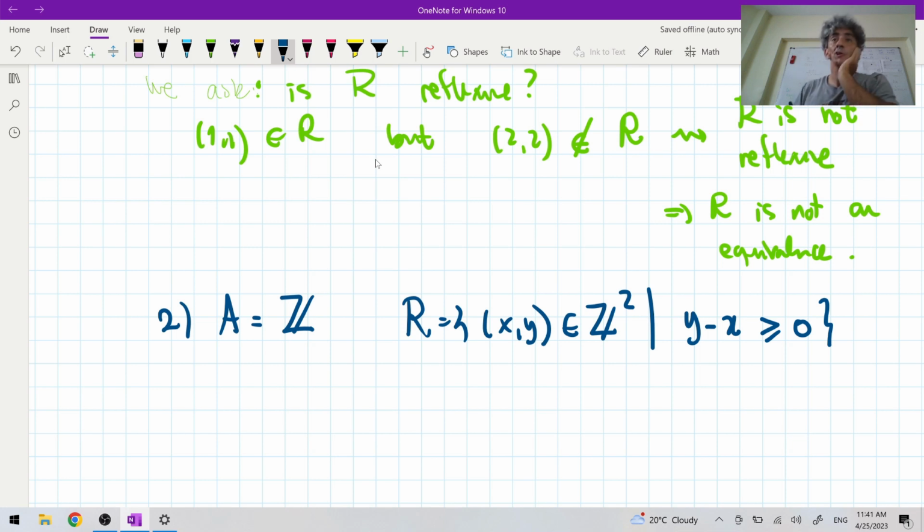So R is a subset of the set Z times Z. So we are asking, is R reflexive?